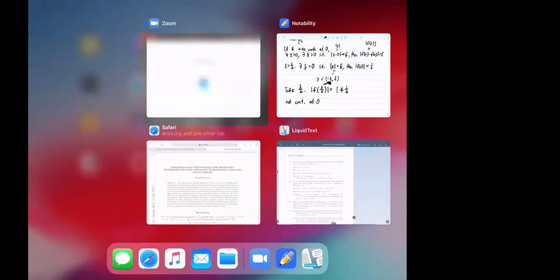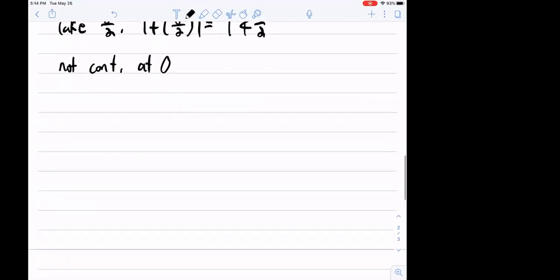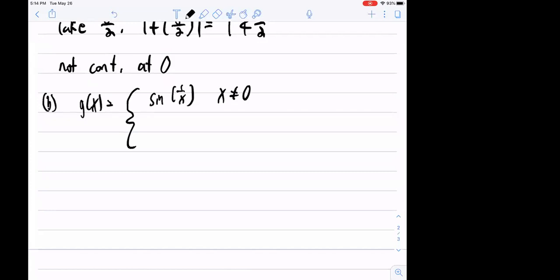Let me see. Okay, so let's do the next one. So let me just write it. So b, g of x is sine of 1 over x for x not 0, and 0 for x equal to 0.